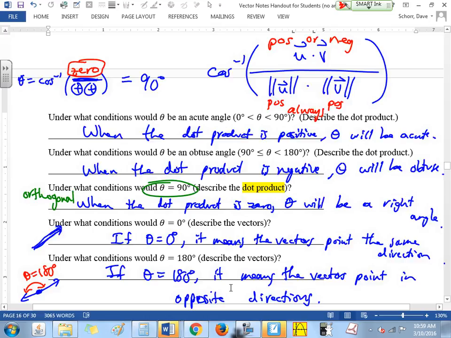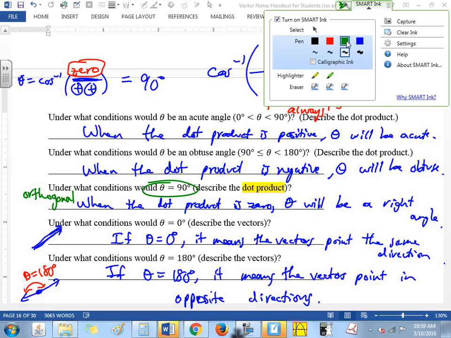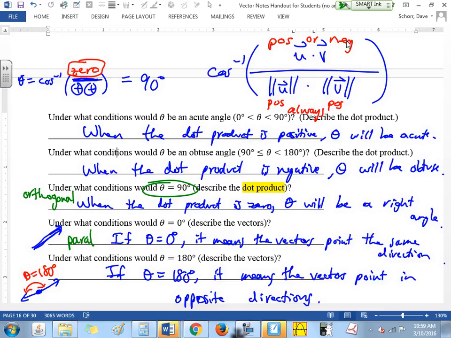Some people like to use the word here. They like to call this parallel and this anti-parallel. I don't like the words. I don't mind the word parallel. But in my geometry background, because I taught a lot of geometry, these are both parallel situations.